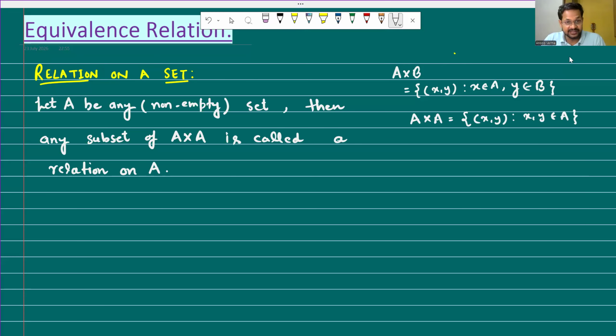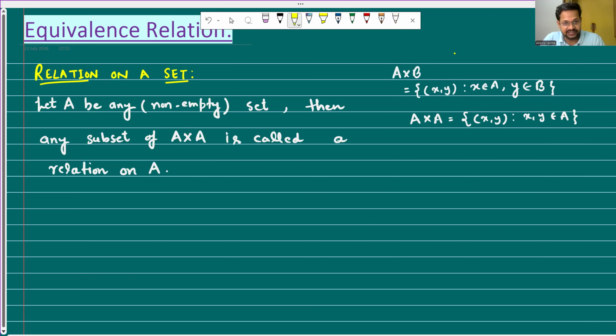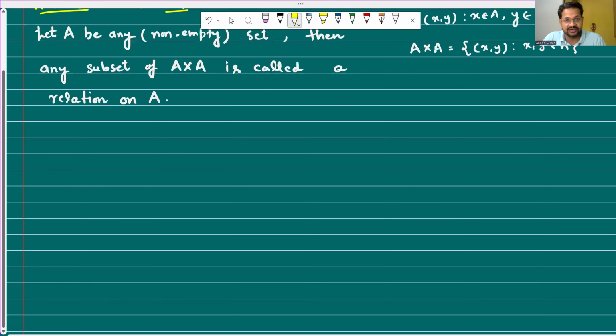So we have some particular relations, like the empty relation and the universal relation.